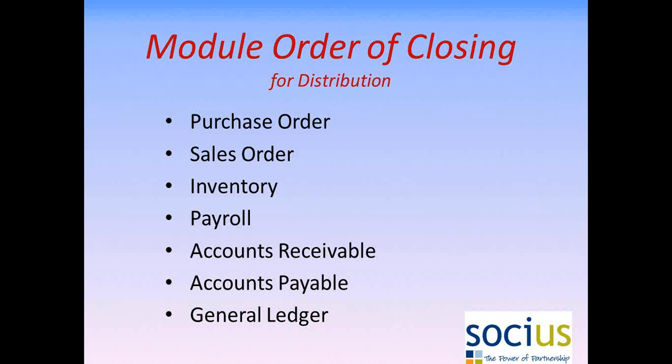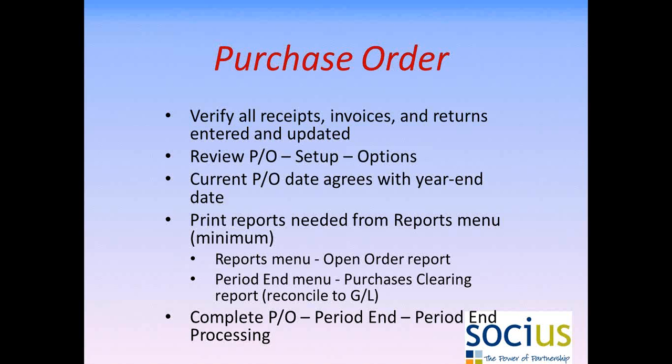So we're going to start with purchase order, and I'm going to go through all of my slides here and discuss all of these items, and then we'll take a look inside of Sage 100 and the menus, and I'll show you where to find these things.